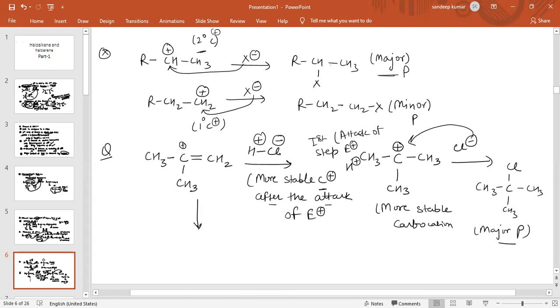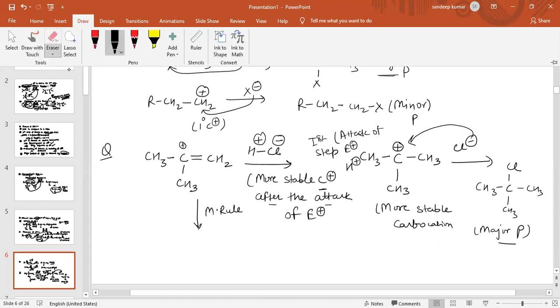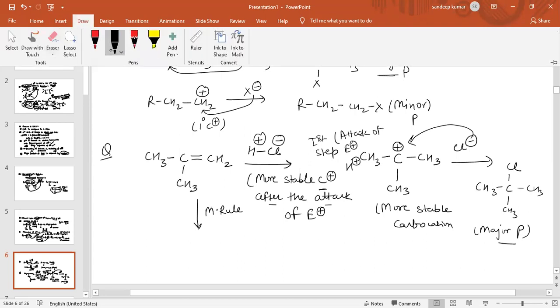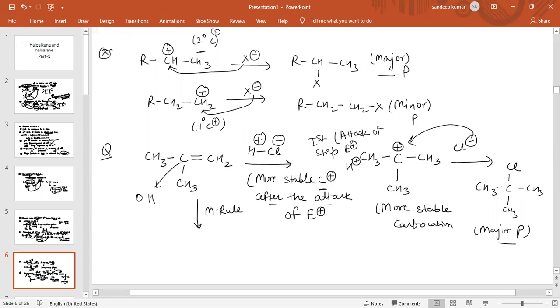Now I am doing the same product according to Markovnikov's rule. Now see, I'm just drawing this positive charge for the explanation. There is no positive charge; I'm explaining, thereby I draw the positive charge there. Now see, this carbon atom has 0 hydrogen, and on this carbon atom 2 hydrogen, and in Markovnikov rule there is HCl. So this is the positive part and this is the negative part.